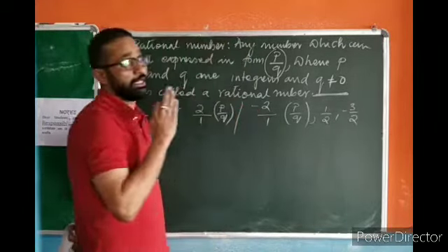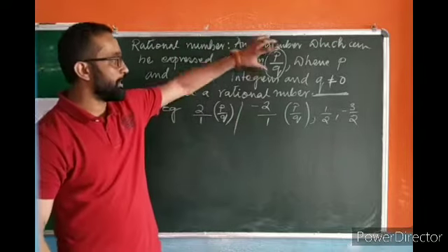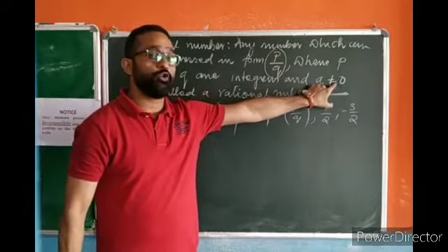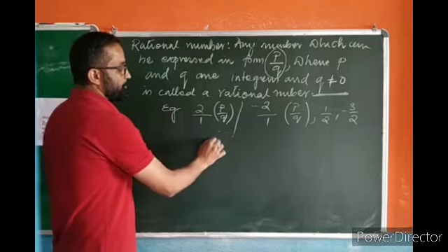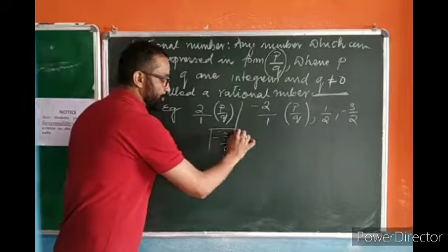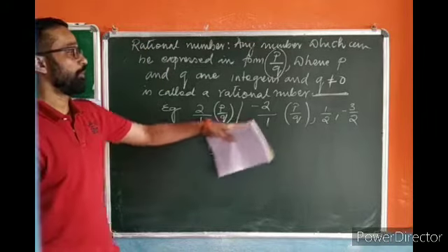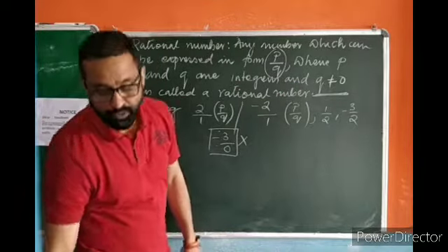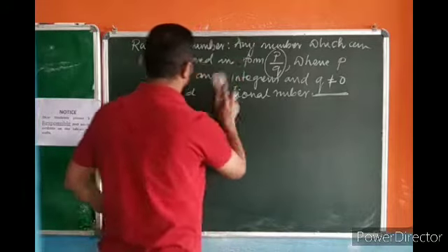All these are examples of rational numbers because they are in the form P by Q. Where Q is not equal to 0 means that you cannot write minus 3 divided by 0. This cannot be considered a rational number because Q, according to the condition, should not be equal to 0. Remember this definition.